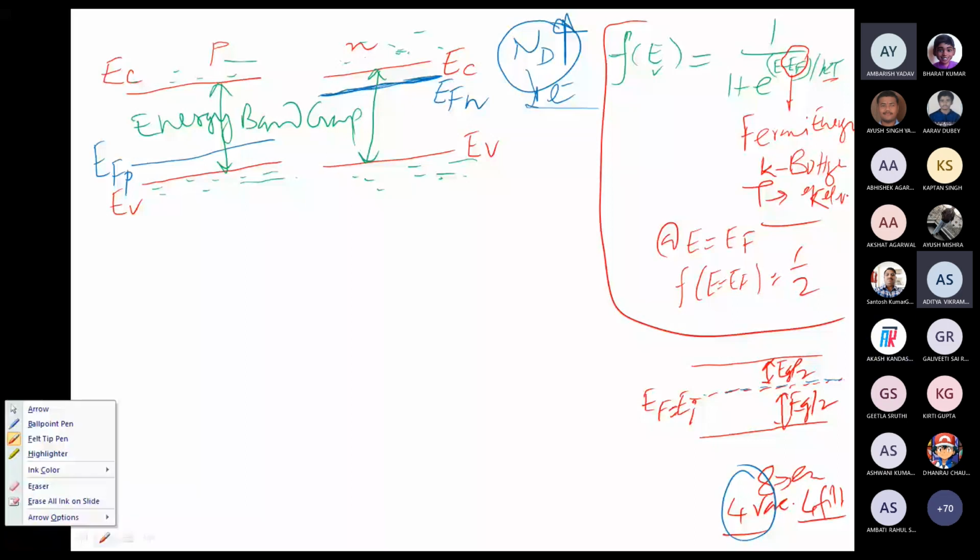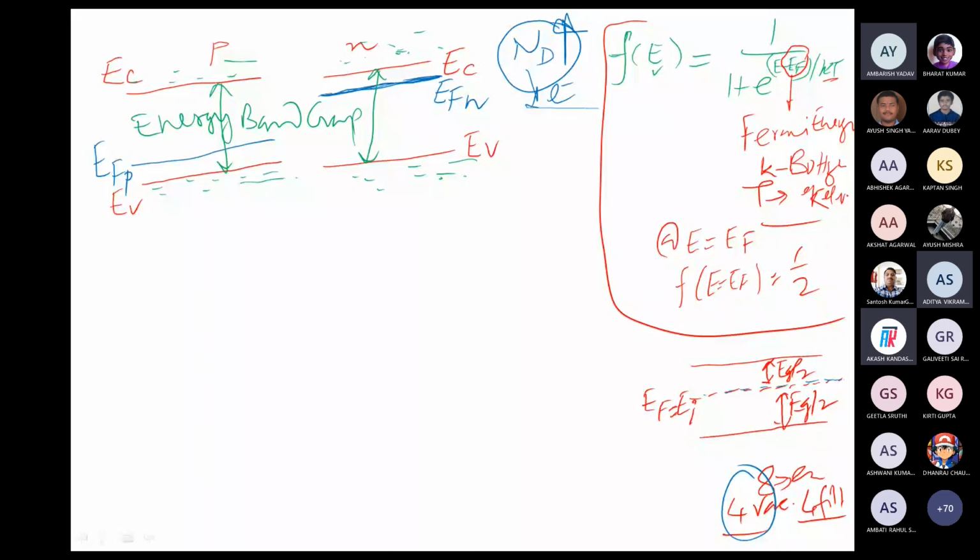So this is showing the case when the p and n type materials are separated, not in contact. We see that when they are brought into contact, there was a flow of charge carriers across because of the concentration gradient, and then later they reach equilibrium and there is no movement of charge carriers.